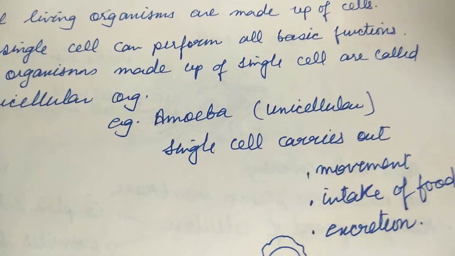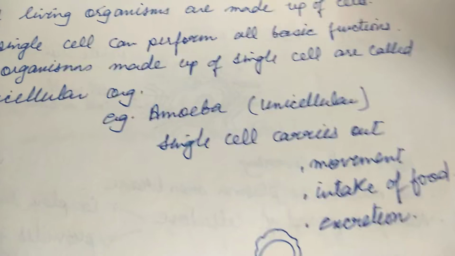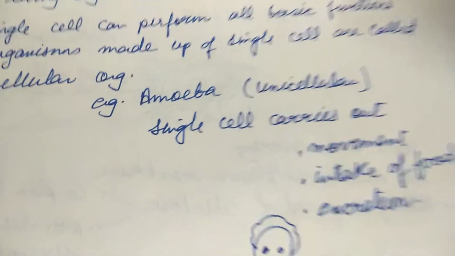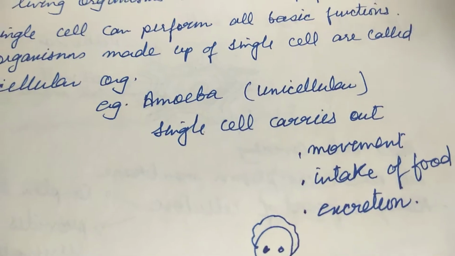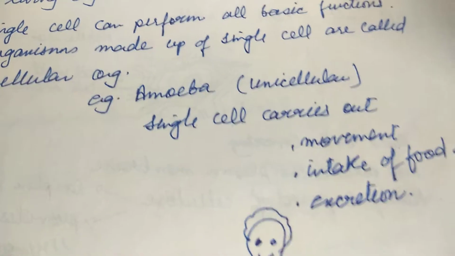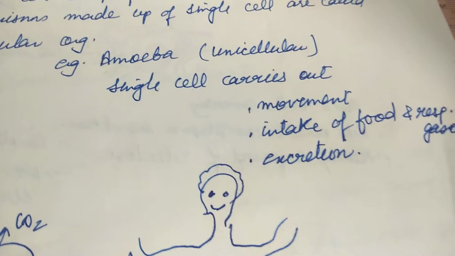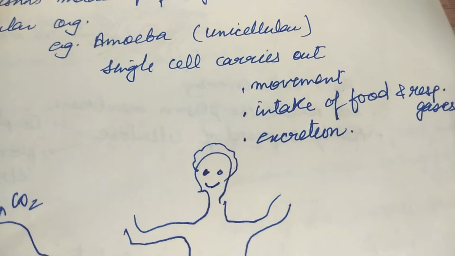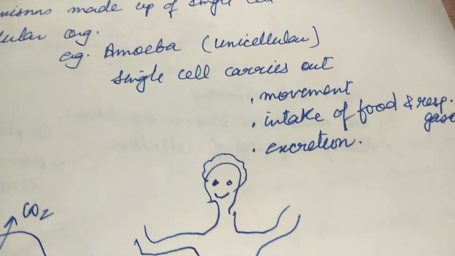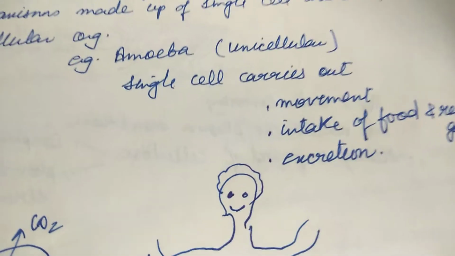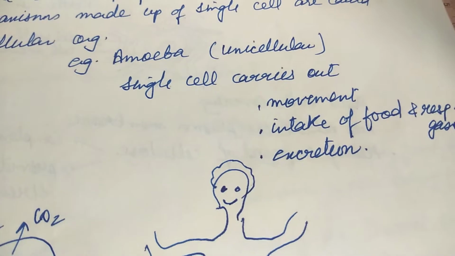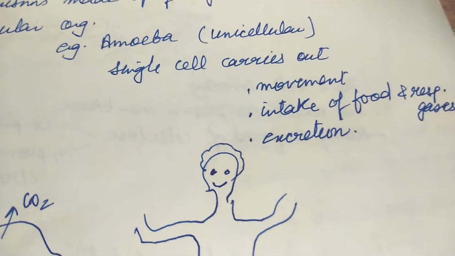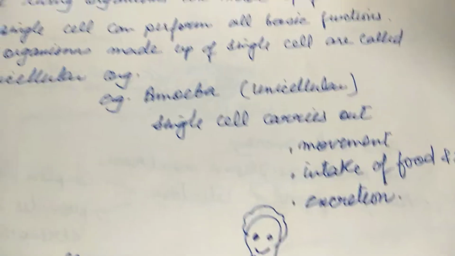So it can perform all functions which are required to live. Right? So it moves, and it takes food, it takes gases, it removes waste. Single cell can perform all the functions. So there are organisms made up of single cell and we call them unicellular.